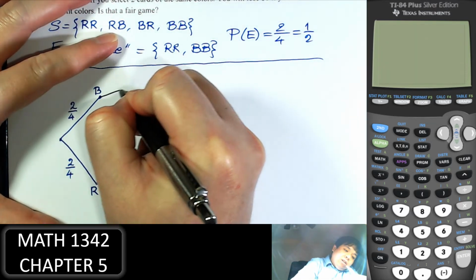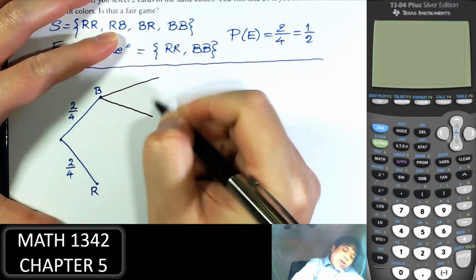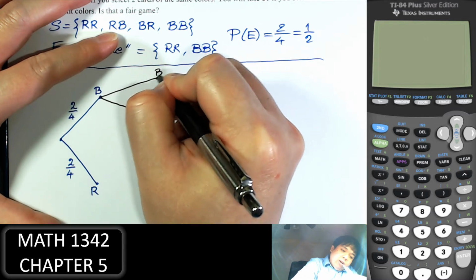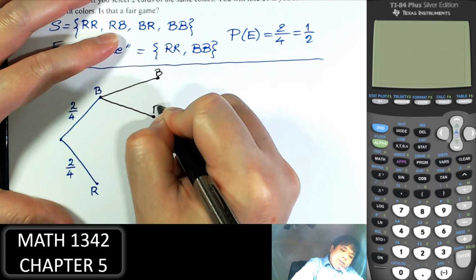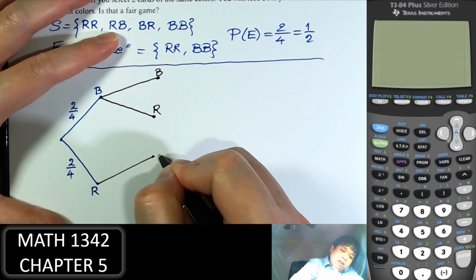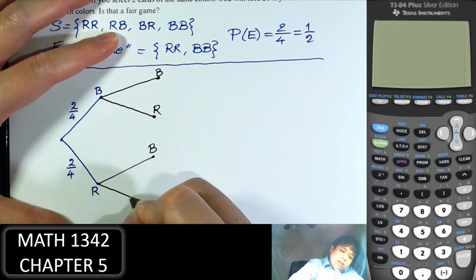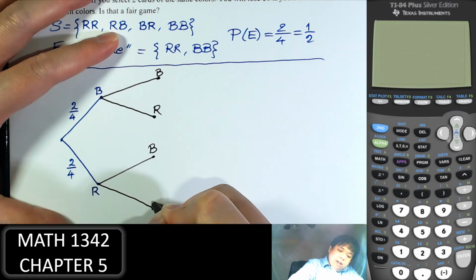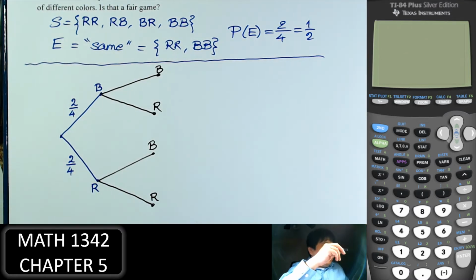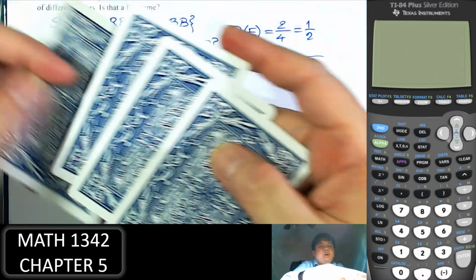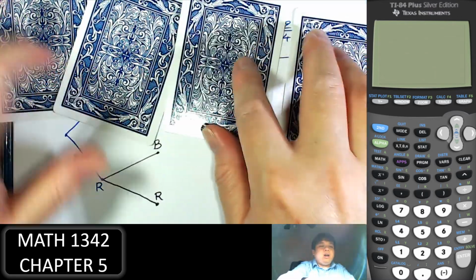On the second trial, probability of getting a black card, probability of getting a red card. Same thing here. Black and then red. Now, the thing is, say we have 4 cards, doesn't matter what the first one is.